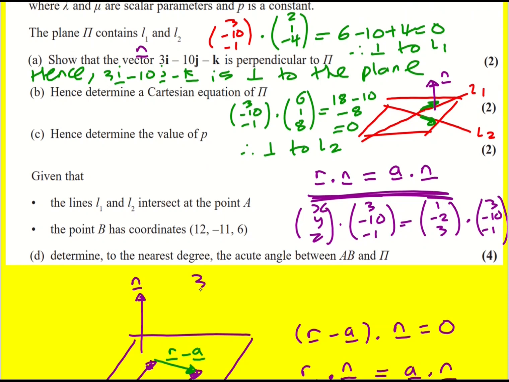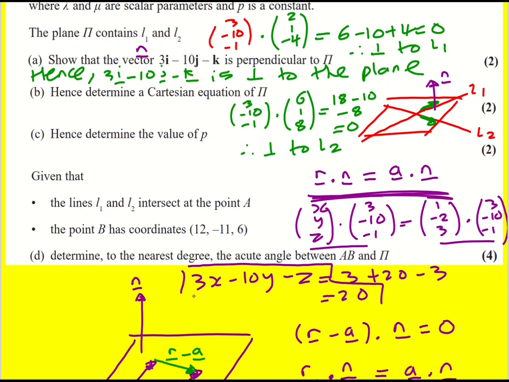And hence, 3x minus 10y minus z is going to equal 3 plus 20 minus 3. I've just done the dot product of each of these, and that is going to give me 20. And this is the Cartesian equation of the plane.